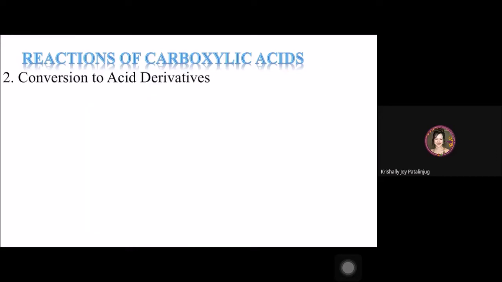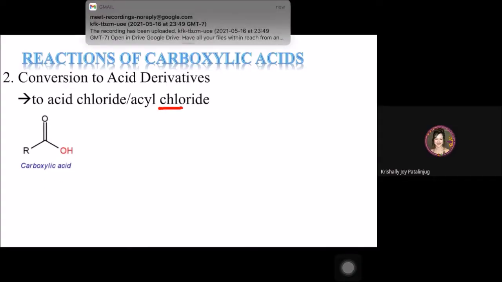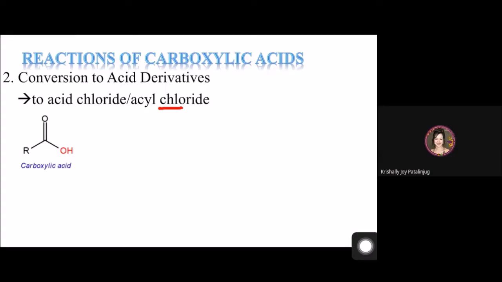Now let us start with the conversion of carboxylic acid to its acyl chloride equivalent. In this slide, we will learn how to convert a carboxylic acid to its acid chloride derivative. To convert a carboxylic acid to its acid chloride, take note that the reagent you need is thionyl chloride.